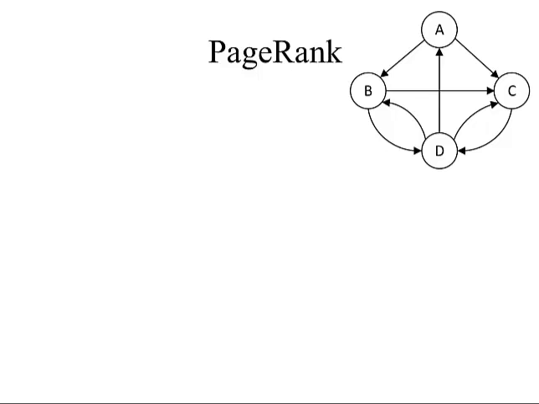So now we can start to run through the calculations for PageRank. In order to do that, the first thing we have to do is choose which one we want to get everything else in terms of, and to plug into the normalization equation that A plus B plus C plus D is going to be equal to 1.